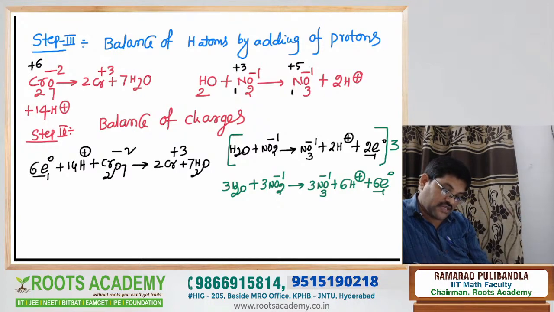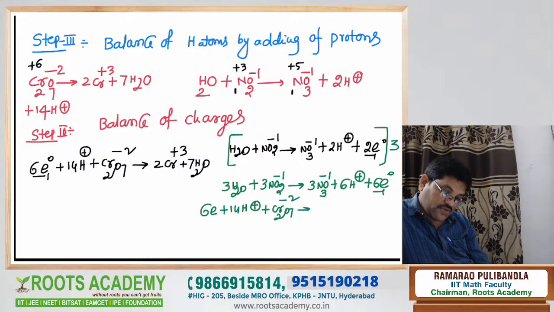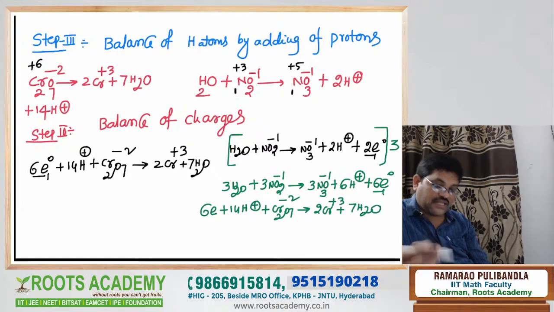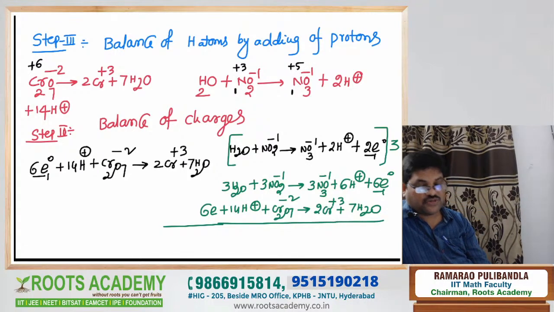Very good. Now what is there here? 6 electrons plus 14H plus ions plus Cr2O7 minus 2 gives rise to 2Cr plus 3 plus 7H2O. You write like that. Now based on that, what you write, Nana?